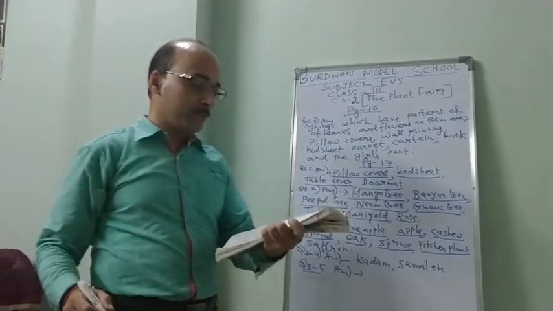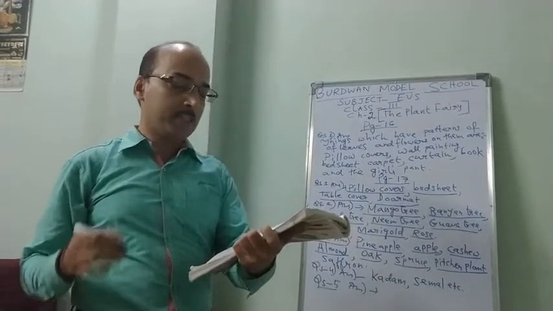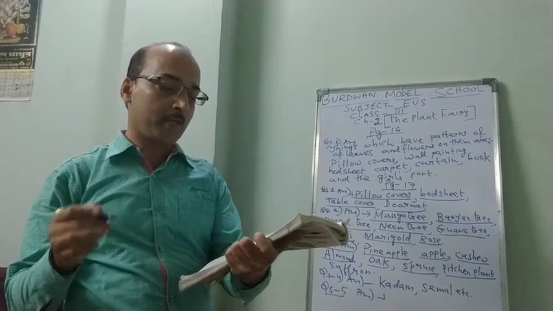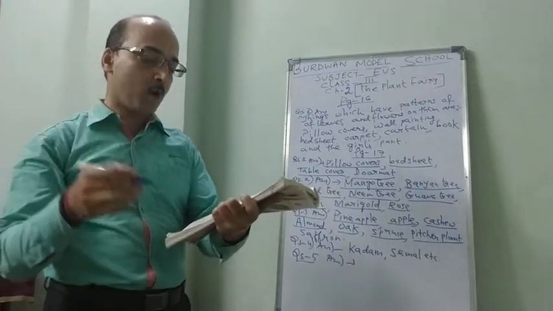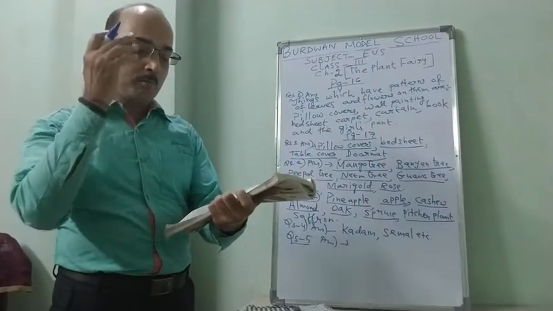Also ask them if there are any plants which can be seen these days but which were not seen earlier. That means these plants are found nowadays but were not found before.